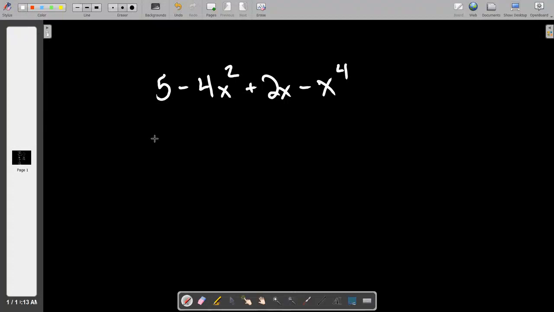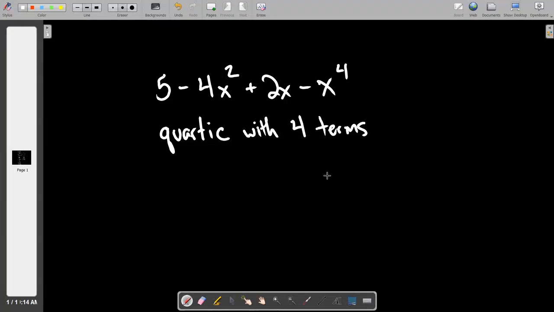Good notes. What's its degree? 4. So we have a name for it. We call it a quartic. How many terms does it have? 4. Good. So we call it a quartic with 4 terms.